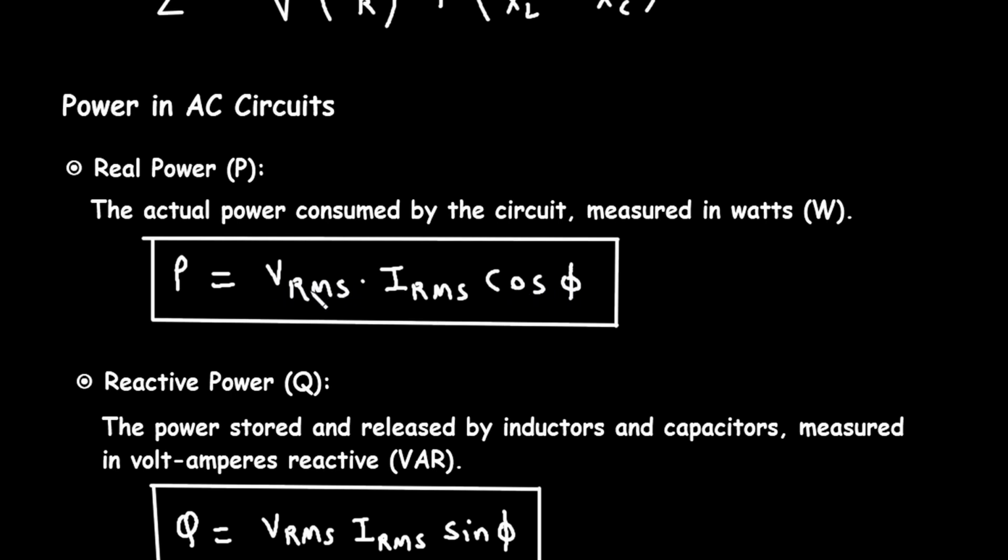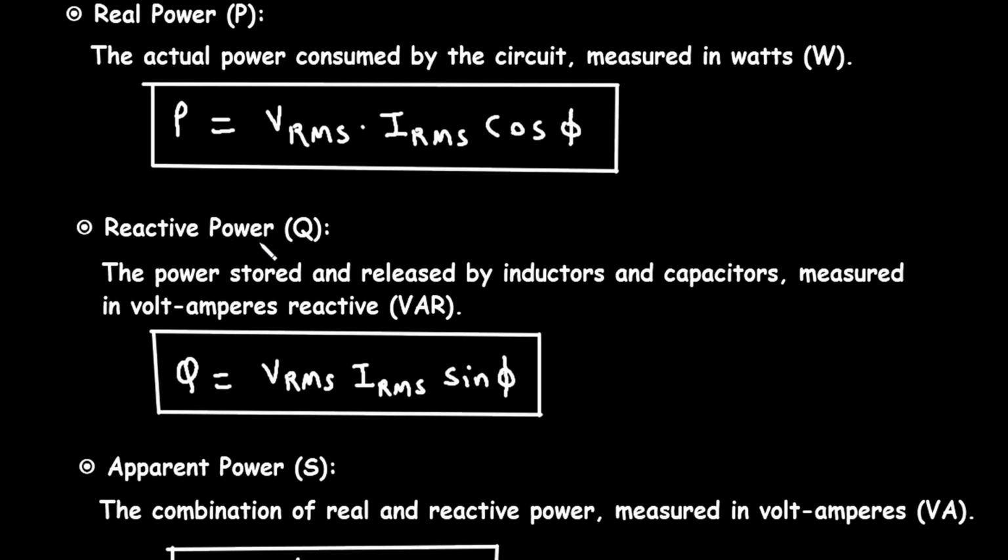Here RMS represents root mean square value of voltage into root mean square value of current into cos phi. What is the RMS value? Vm divided by root 2. If we solve Vm by root 2, then we get the value of Vrms. Again, if we solve Im by root 2, then we get the value of Irms. And cos phi is the power factor, where phi is the phase angle.